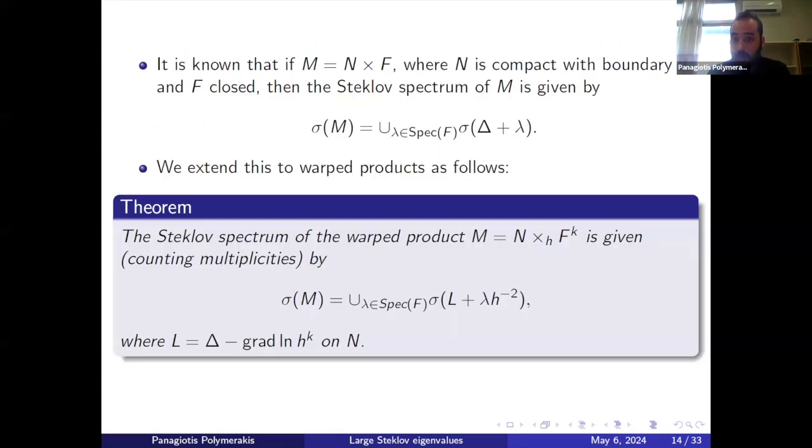Okay, so the idea for the main result of the first part of the talk, as we mentioned, is based on warped products. So we have this pretty nice expression for the Steklov spectrum of the warped product. Now we want to consider such kind of operators, the Laplace type operator for lambda non-zero and the diffusion operator for lambda zero on the base manifold and examine whether we can make the first eigenvalue arbitrarily large.